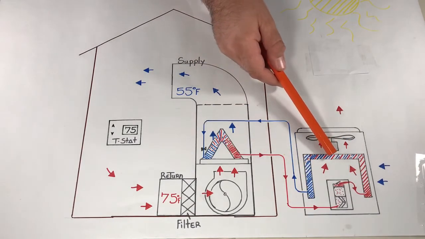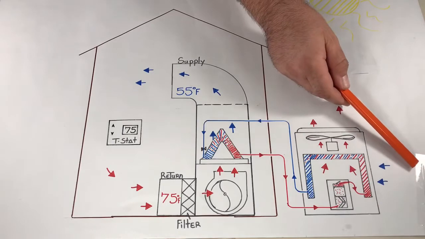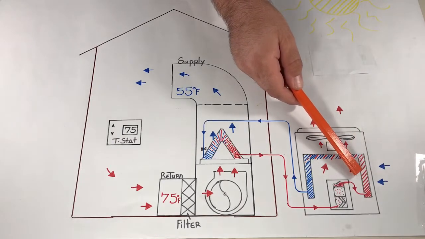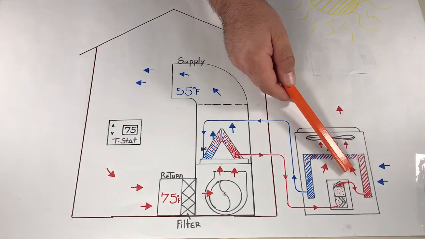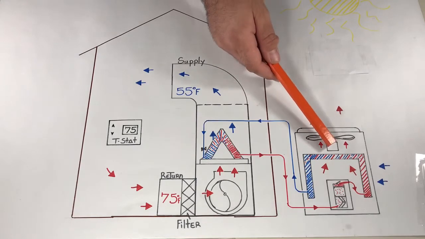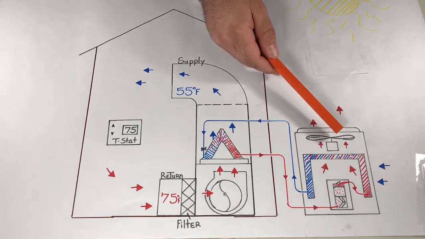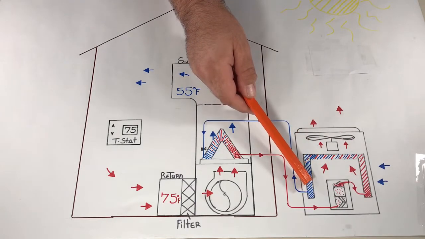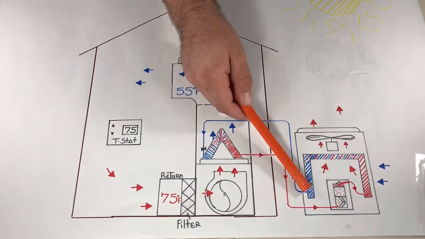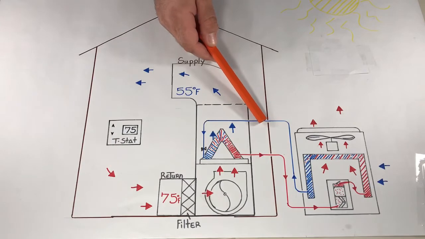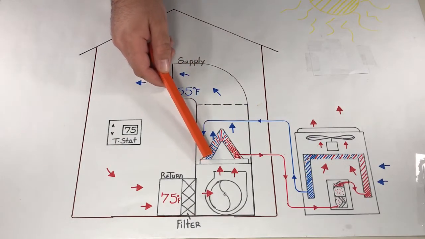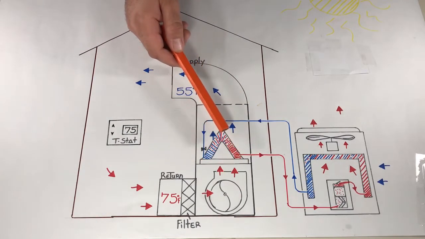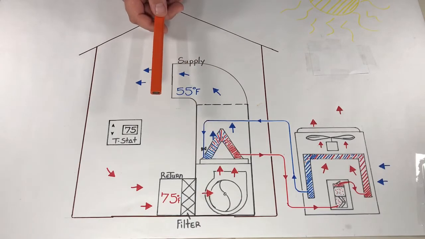When it goes into the condenser coil, air will be pulled through the coil, absorbing the heat from the refrigerant, and it'll be pushed outside. Once the refrigerant reaches the end of the coil, it will have rejected enough heat for the refrigerant to be circulated inside to absorb more heat and continue the cycle.